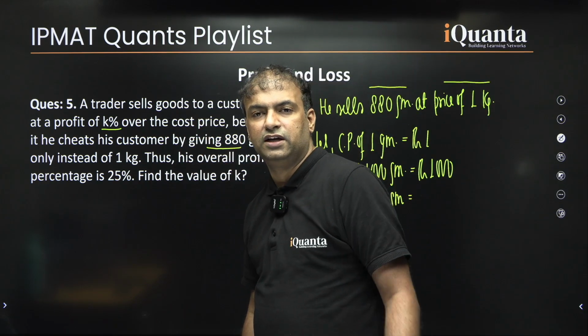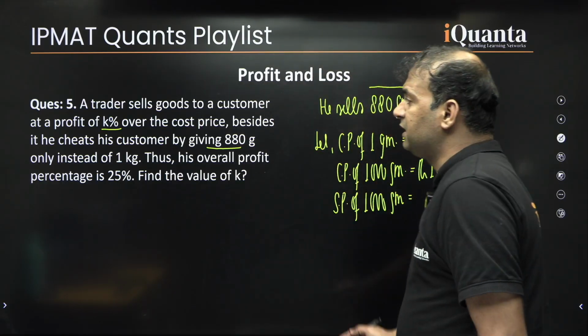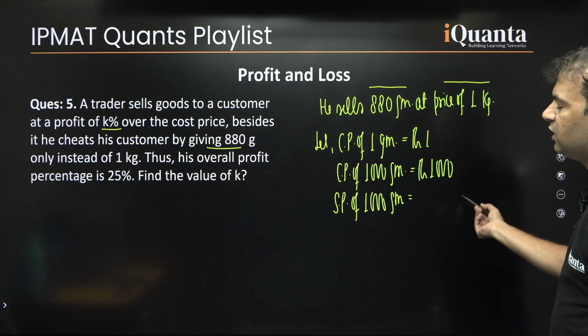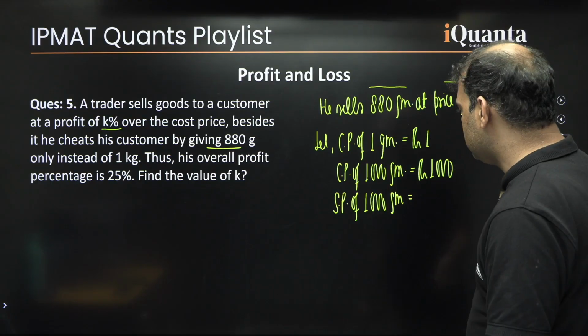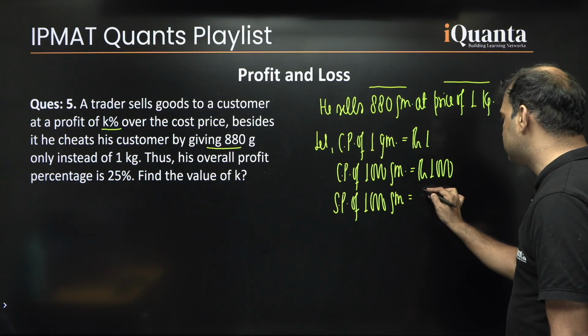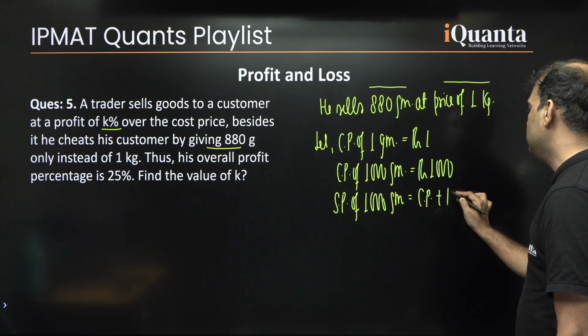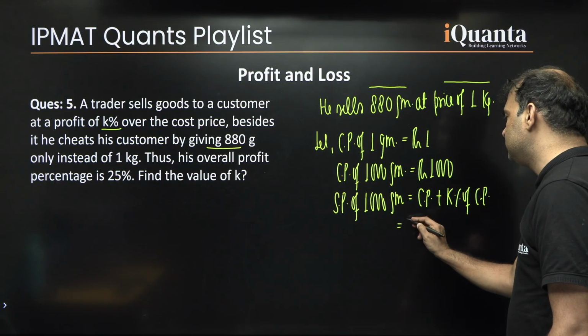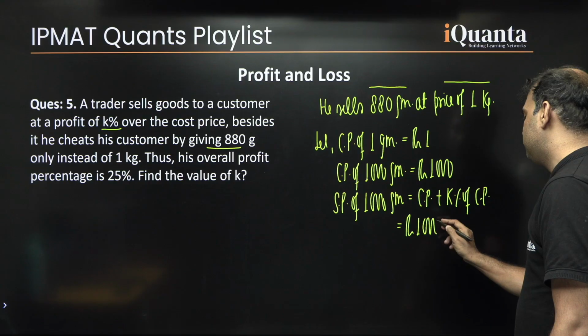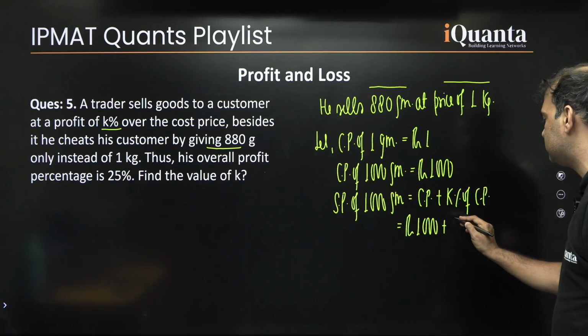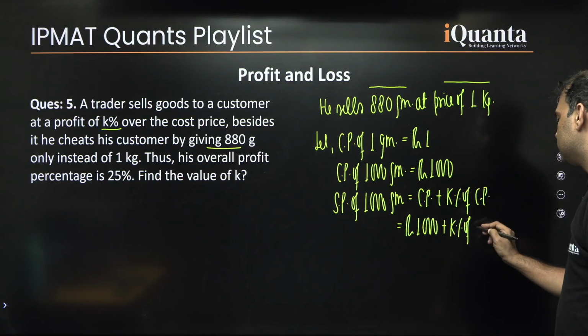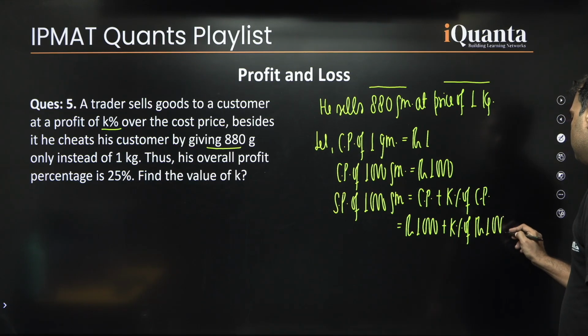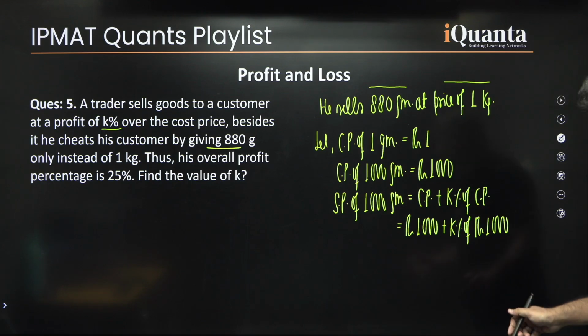We just know that he makes a profit of K percentage. By the way, we can also write that K percentage of 1000 is 10K, right, guys? So yes, we can say CP plus K percentage of CP. CP is ₹1000 plus K percentage of ₹1000, which is 10K, all right?